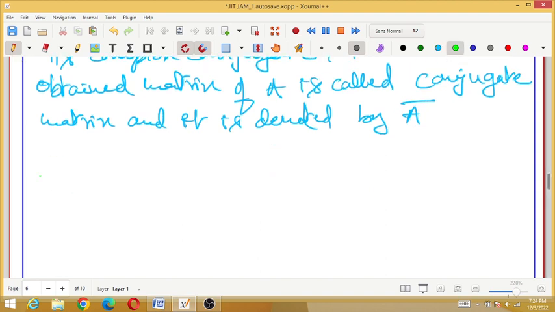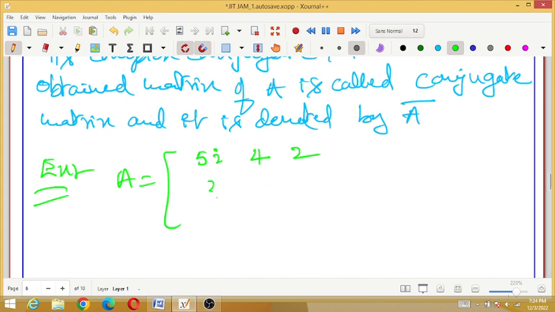So example, see here, if A is equal to, I am taking like this, 5i, 4, 2, 3, i, 7. Its conjugate matrix is nothing but A bar we want to denote.